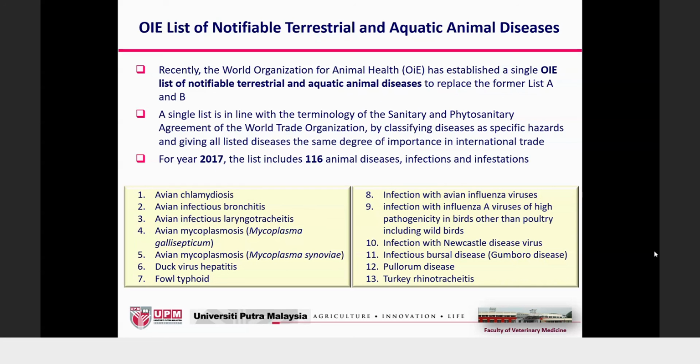So now they have a single list of terminology, and under the agreement of the World Trade Organization, diseases are classified as specific, given the list of diseases of the same degree of importance. For the year 2017 alone, the list included 116 animal diseases. If you want more information, you can always Google the OIE notifiable terrestrial and aquatic animal diseases.